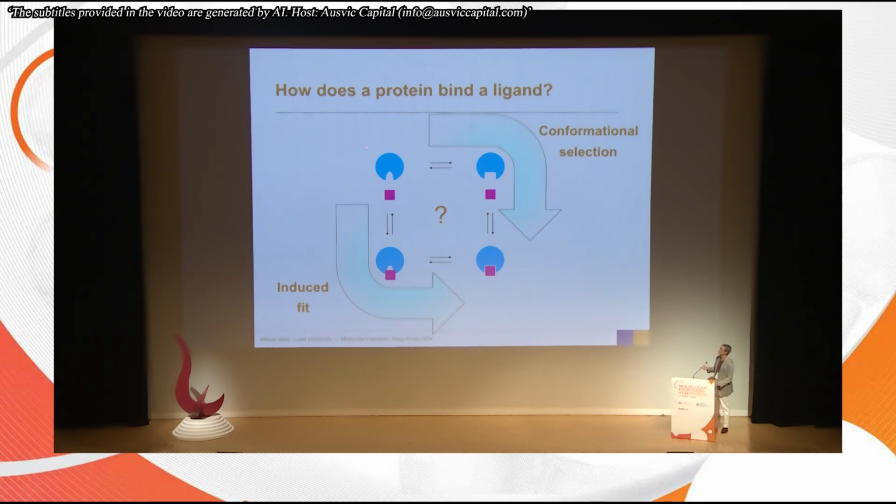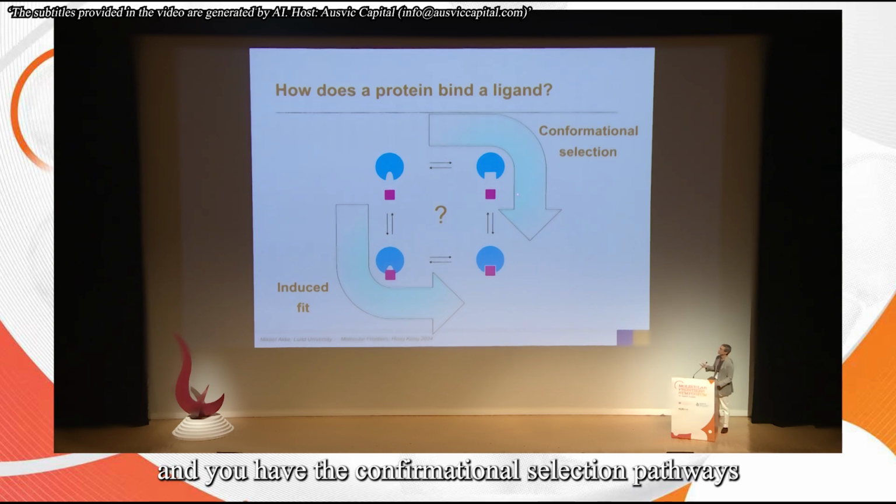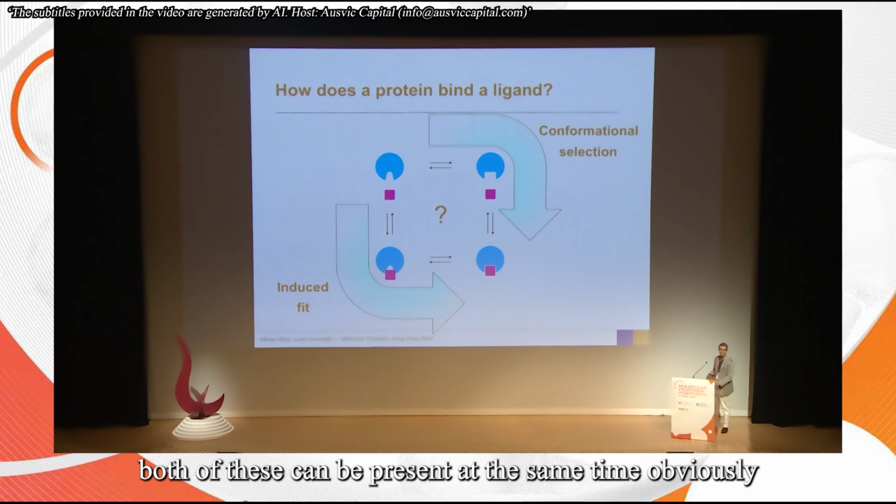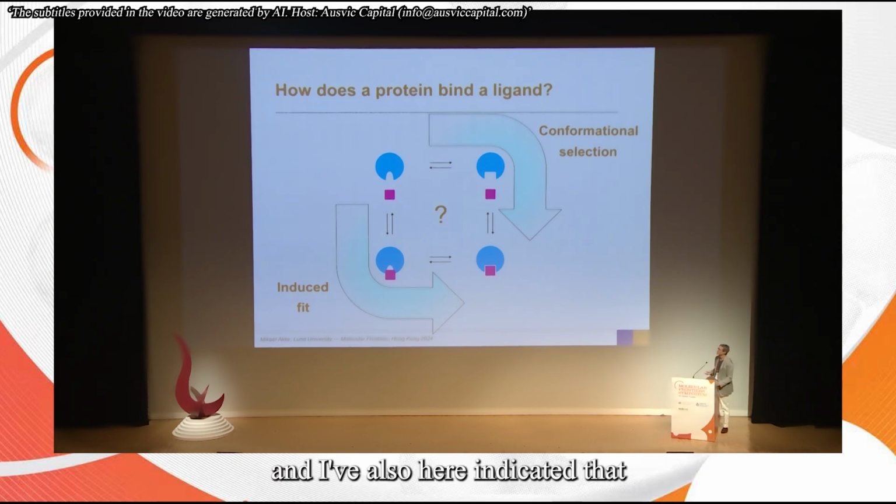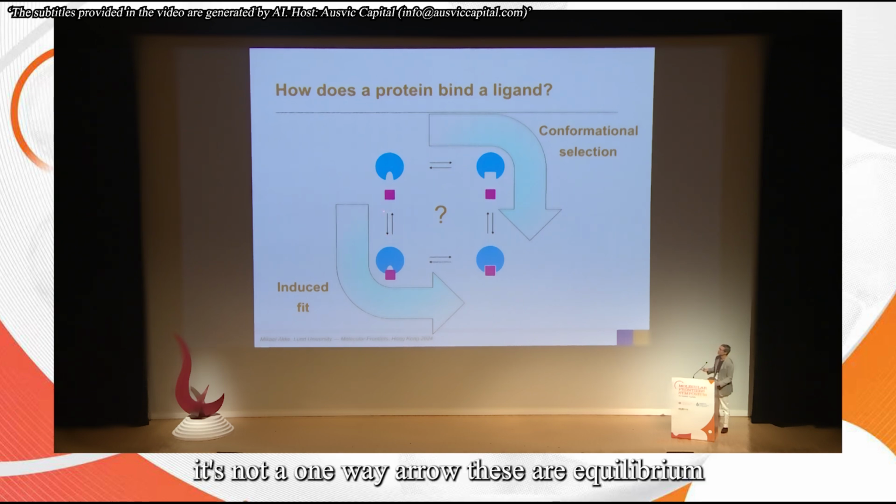That you have both the induced fit and the conformational selection pathways. Both of these can be present at the same time, obviously. And I've also indicated here that it's not a one-way arrow. These are equilibria, so the processes can go in both directions here.